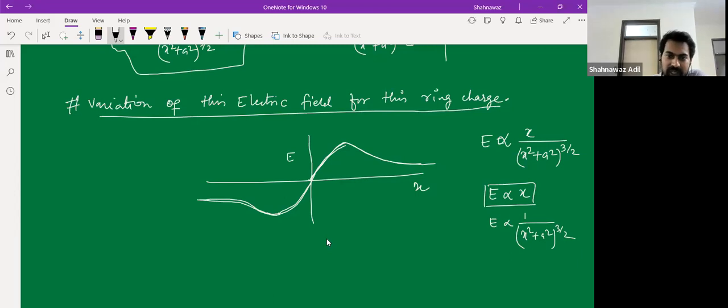The important point is: what is this X point, which is the maximum? And what is the maximum value? This we need to find. Okay, guys.